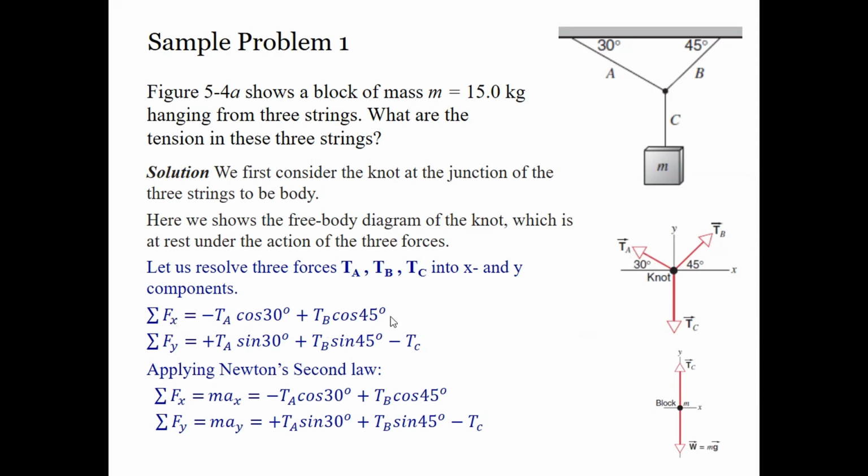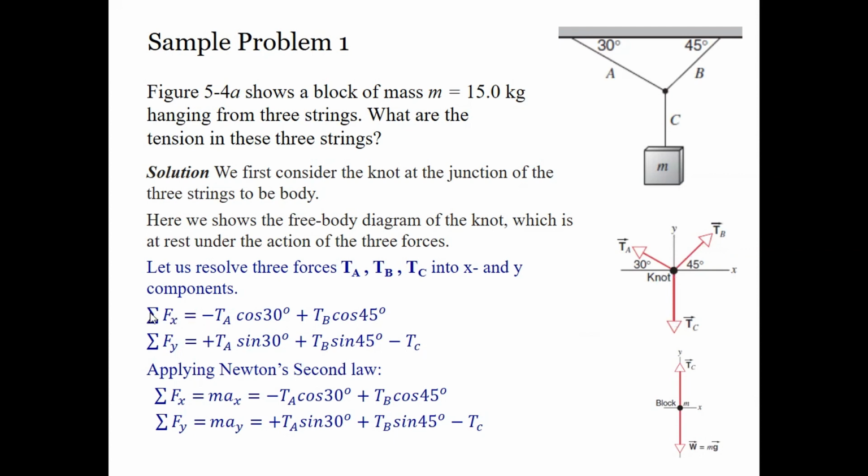So TA cos of 30 will be minus, and TB cos of 45 will be plus. Similarly, the sum of the forces along y: TA sine 30 degrees will be in the upward direction, and TB sine 45 degrees will be in the upward direction. But the TC has no horizontal component, only a vertical component, so it will be minus TC.